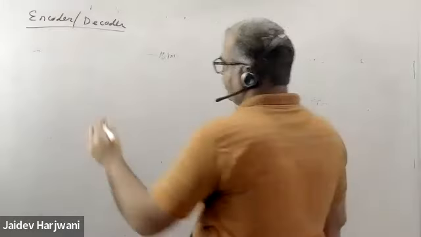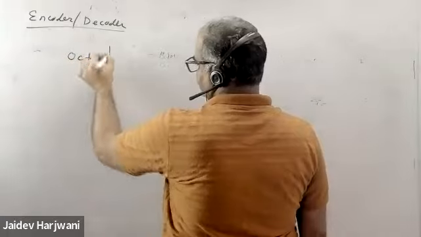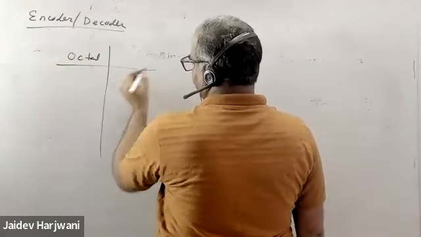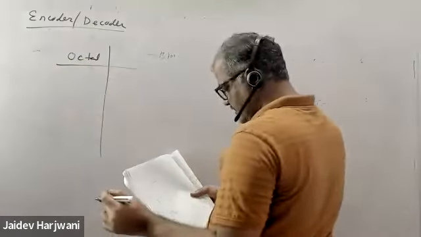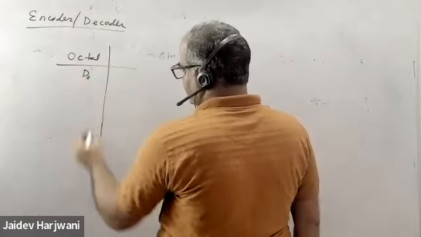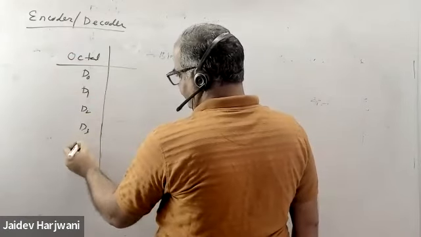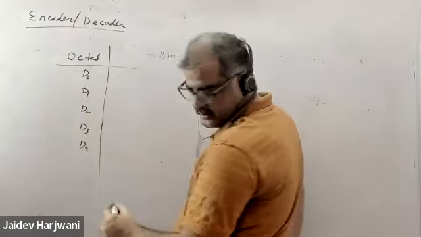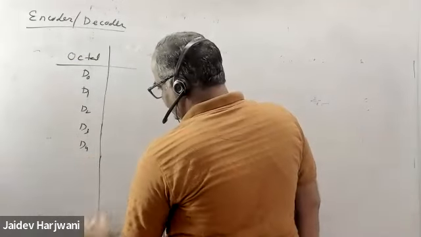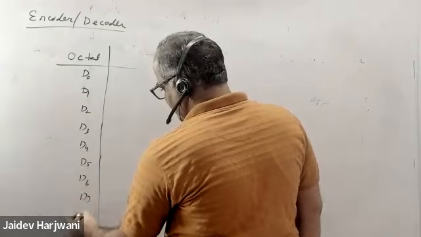Okay, so you have an octal number system. Octal digits are there, and I am representing these octal digits by 8 digits, D0, D1, D2, D3, D4, D5, D6, D7.